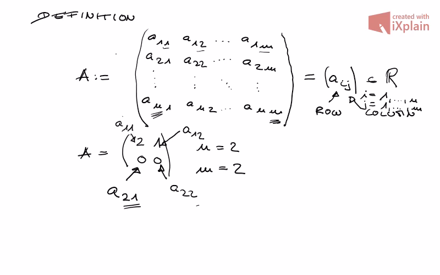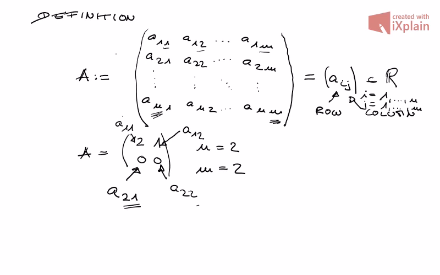So this is something to get used to. Always focus on the fact that the row index comes first and then comes the column index, and the index runs from 1 to n. You don't need to call the number of rows n, but most of the time I will do that, and the number of columns m.